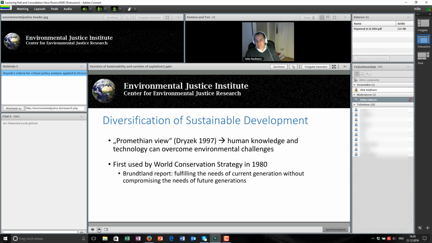The concept sustainable development itself actually was first used by the World Conservation Strategy in 1980 and prominently reconsidered and spread out by the Brundtland Report in 1987, by which the idea of intergenerational justice became the central part of the debate on sustainable development.